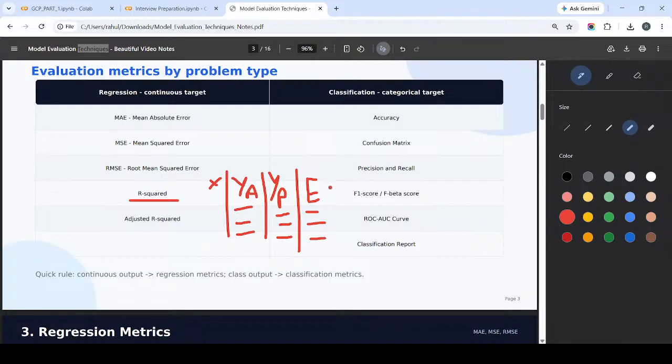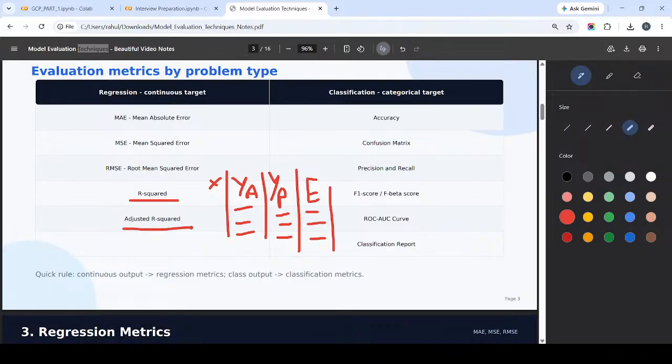That error is the unexplained variance. Its formula is 1 minus unexplained variance upon total variance, or you can say explained variance upon total variance.